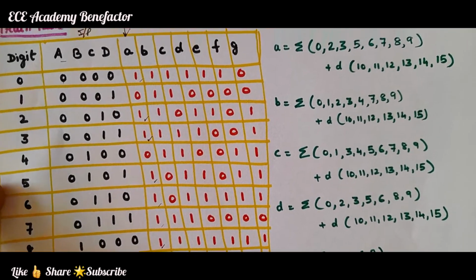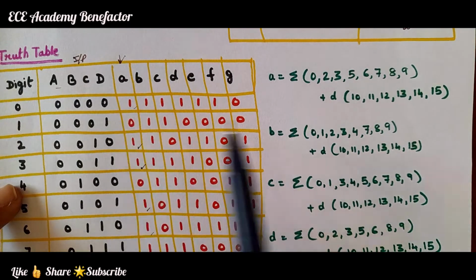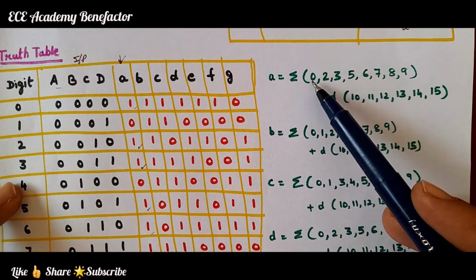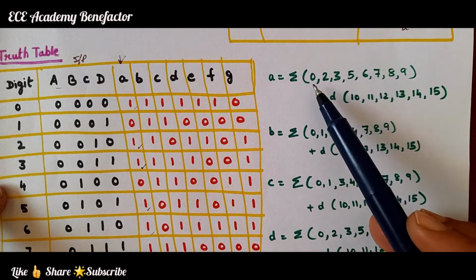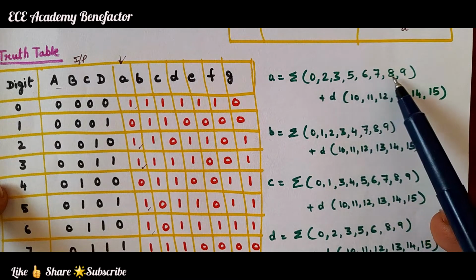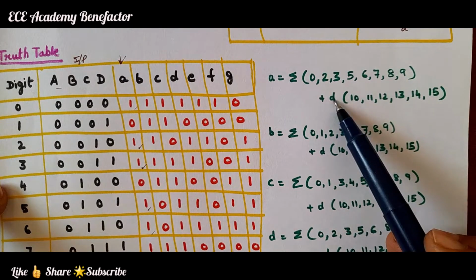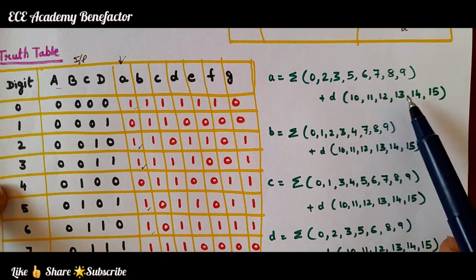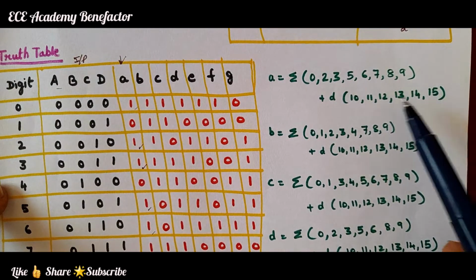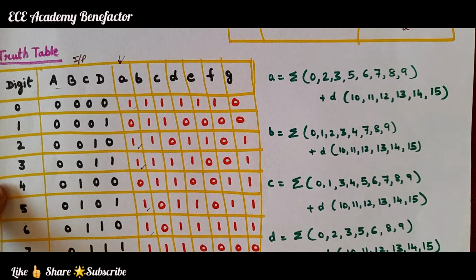So that we have written it here. So A is high at 0, and except 1 and 4, all others are high. So it is written as 0, 2, 3, 5, 6, 7, 8, 9 and the don't care terms will be 10, 11, 12, 13, 14, 15. So these are don't care terms.